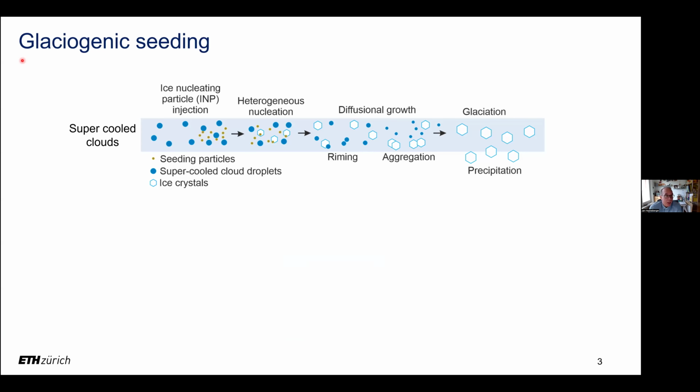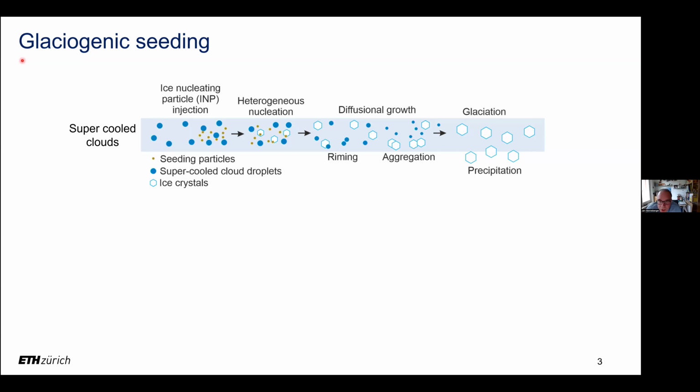Okay, start at the beginning. What is glaciogenic seeding? You need a supercooled cloud, and you inject into the supercooled cloud ice nucleating particles, INPs, which then trigger heterogeneous nucleation. And then the so-formed ice crystals start growing by diffusion, and the droplets shrink.